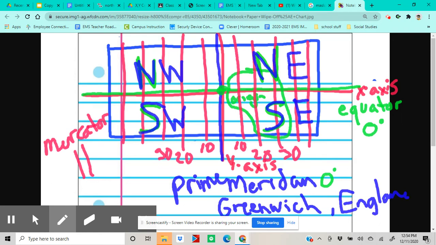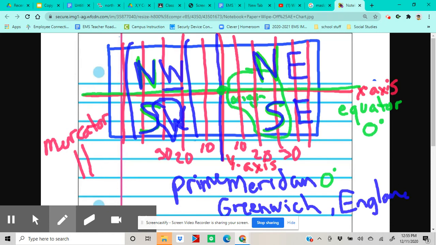So, for instance, if I was talking about Argentina, which is in South America, I would describe this as the Western Hemisphere, and this is a continent which we call then South America.